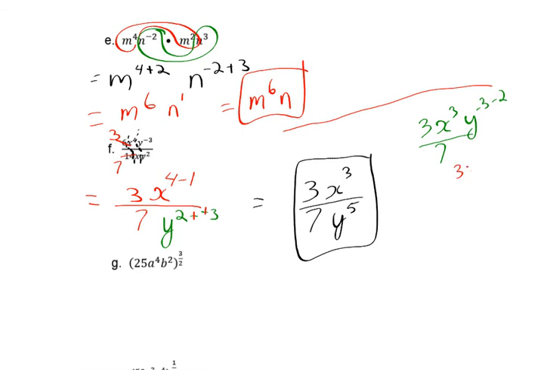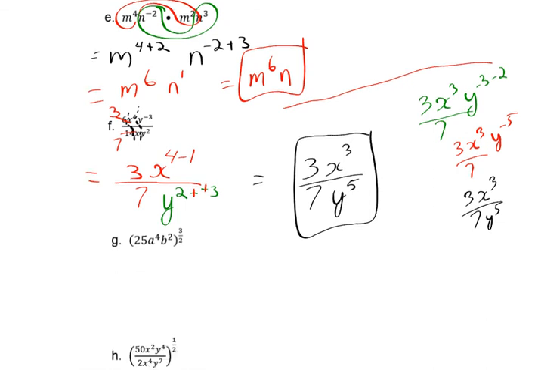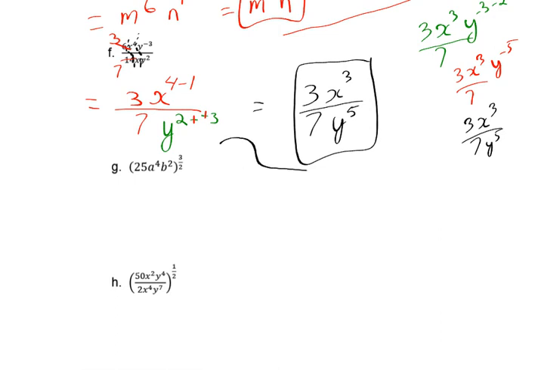You would have just said x to the 3, y to the negative 5. Oh, I still have a negative exponent. Take that negative 5 to the denominator and make it positive. So it doesn't really matter which direction you go. Positive exponents at the end.